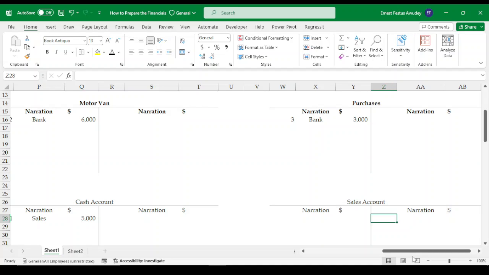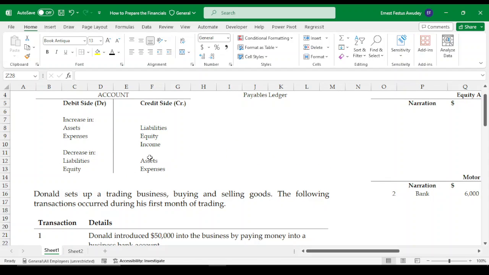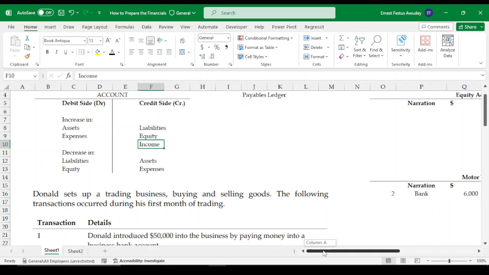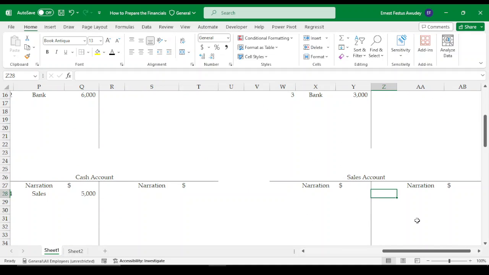As we rightly said from the beginning, from the rules, an increase in income is credited. So our sales is an income, therefore if it increases then you are going to credit it. That is how you analyze everything we are doing here.